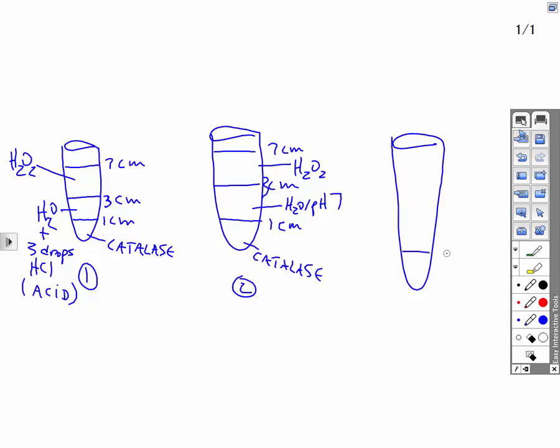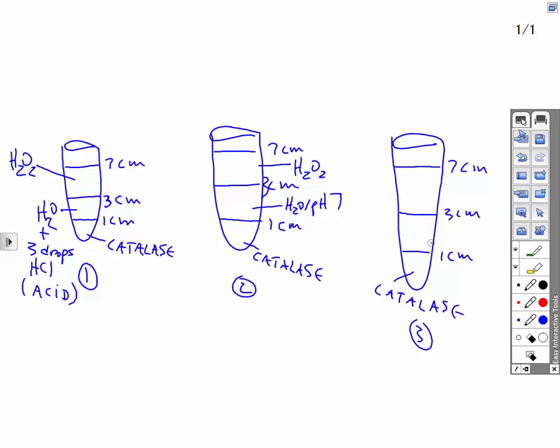A line at the 1 centimeter mark, a line at the 3 centimeter mark, a line at the 7 centimeter mark, with catalase. And this, of course, is the third tube. At the second mark, the 3 centimeter mark, we're going to put water.